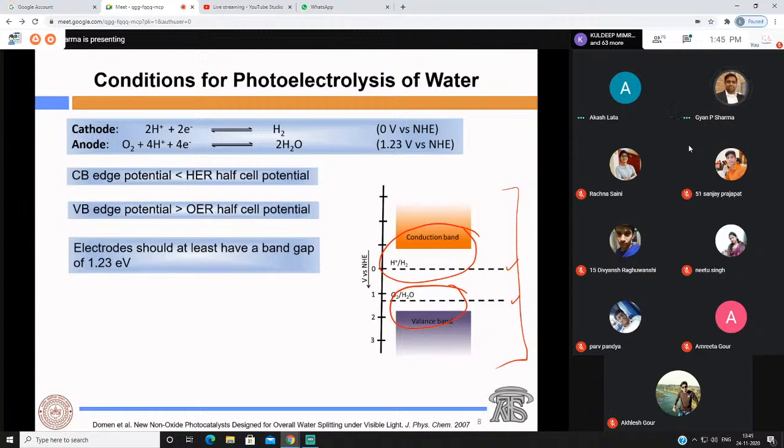Now, if it is not so, like I discussed one case where the valence band is in this position, in that case this material is not favorable for the oxygen evolution reaction. In that case, this material is only utilized for the hydrogen evolution reaction, and on the other side, we have to use the other material.